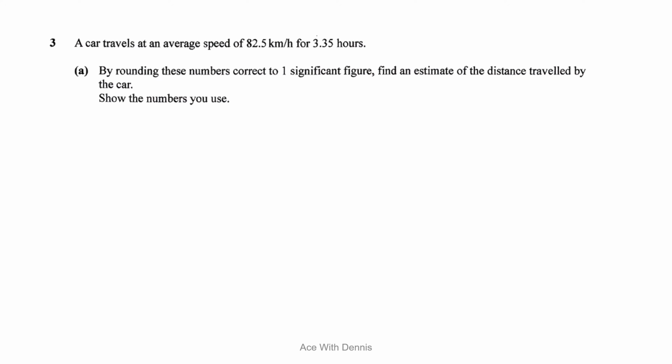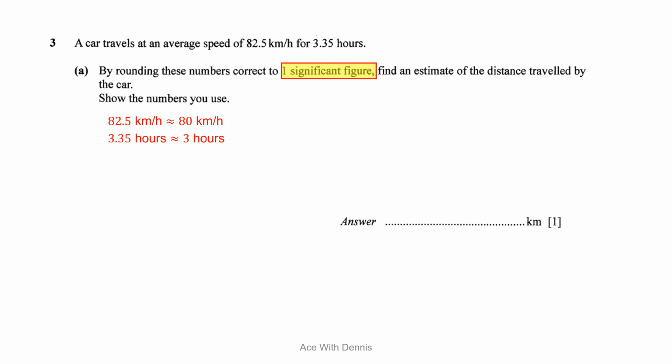Question 3. A car travels at an average speed of 82.5 km per hour for 3.35 hours. A. By rounding these numbers correct to one significant figure, find an estimate of the distance traveled by the car. Show the numbers you use. 1 mark. 82.5 km per hour rounds to 80 km per hour, and 3.35 hours rounds to 3 hours.